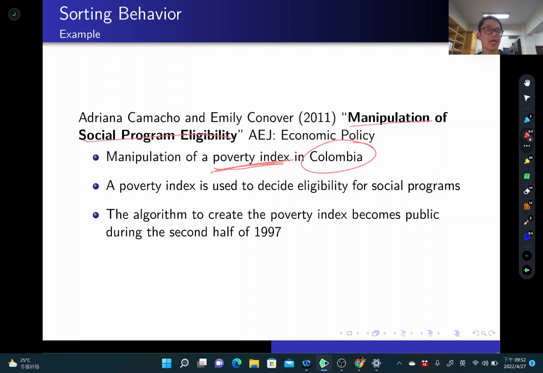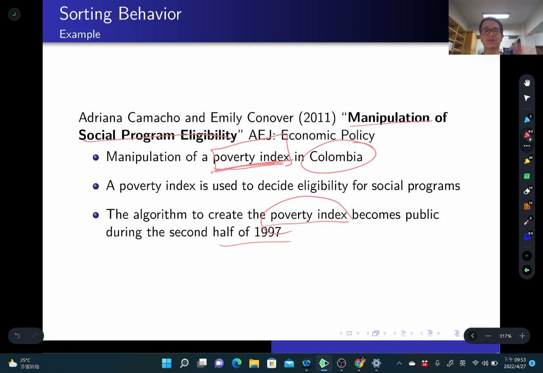That's a good RD design. But this RD design will be valid only if people cannot manipulate their poverty index. And this paper tries to show there's evidence suggesting people actually can manipulate. The reason is that the government released how they calculate this poverty index after 1997.